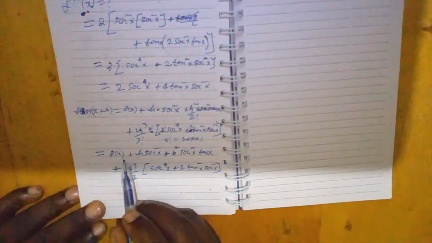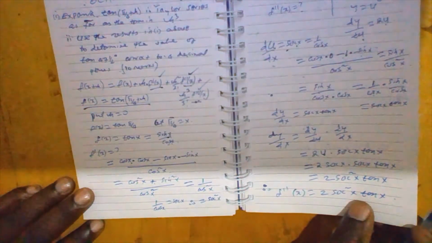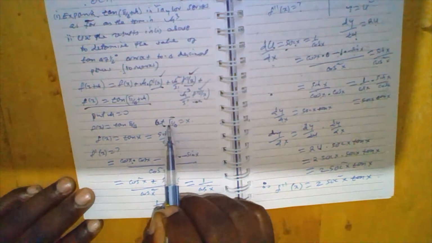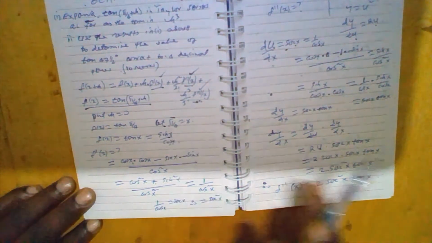So at this point I now want to replace the value of x. Remember here I said that for convenience of working, I had let x equal pi over 4.